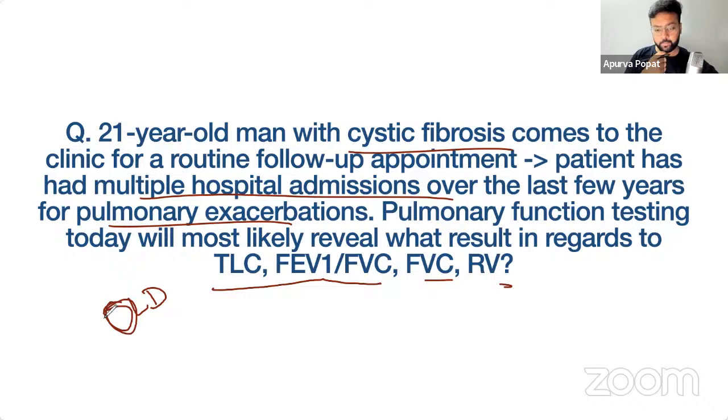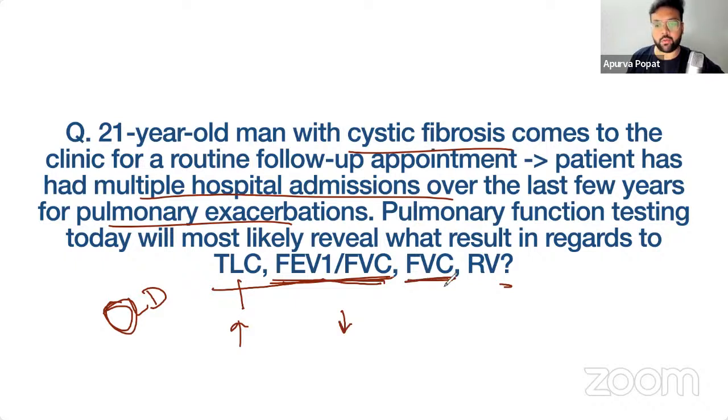Production of thick mucus. A lot of production of thick mucus, and with the vicious cycle of infection, you can ultimately get bronchiectasis in cystic fibrosis as well, right? Yes. Bronchiectasis in cystic fibrosis, that's an obstructive lung disease. What will be your TLC? High. FEV1 by FVC ratio? Low.